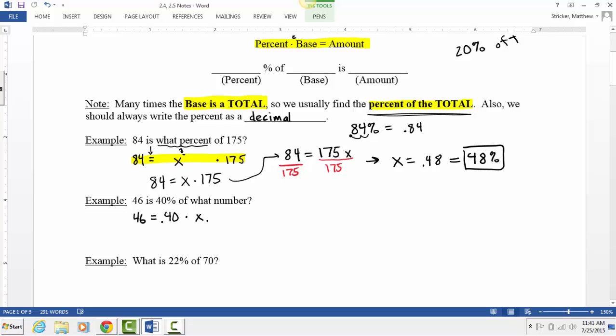This is 0.4 times x, so to solve for x, we just simply divide by 0.4. So 46 divided by 0.4, again using your calculator, is going to be 115. x is equal to 115.